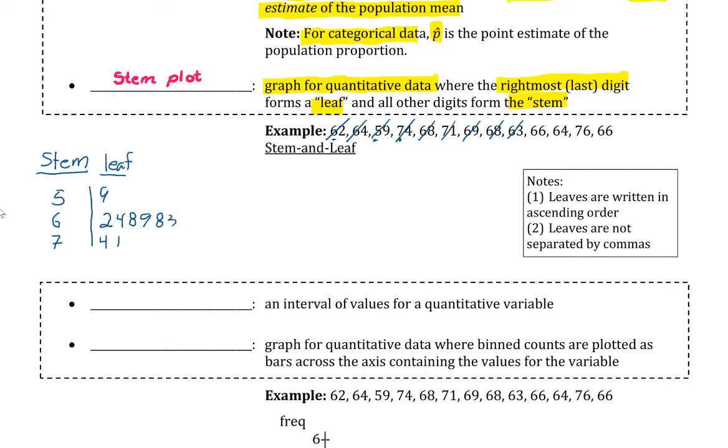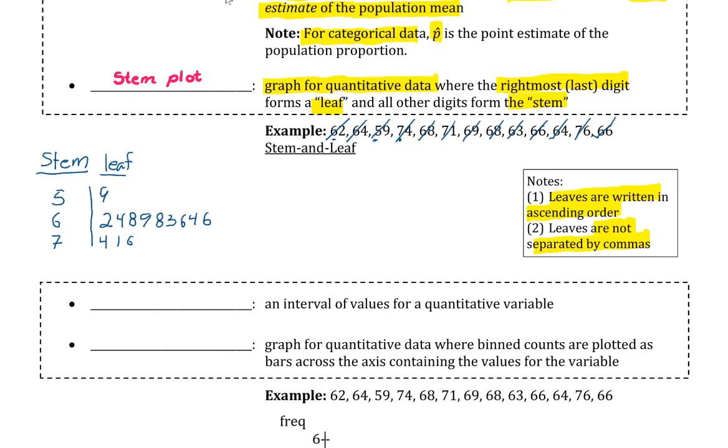63, 66, 64, 76, 66. When making your stem and leaf plot, we actually want to write our leaves in ascending order, not separated by any commas.